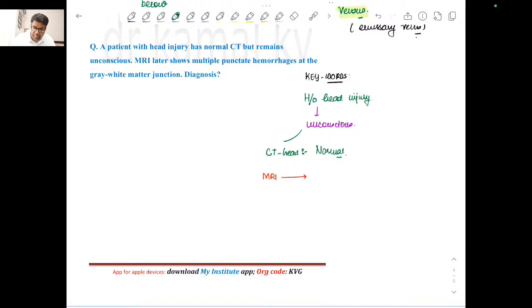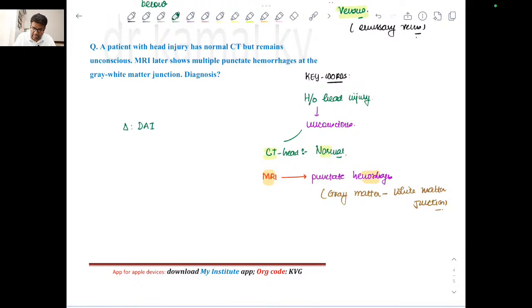We will see punctate hemorrhages, and these are classically at the grey matter white matter junction. So the moment you have this presentation where the CT is normal but MRI is picking up the hemorrhages, think of DAI.